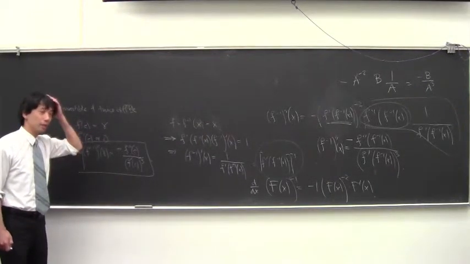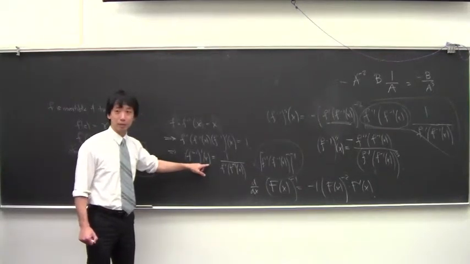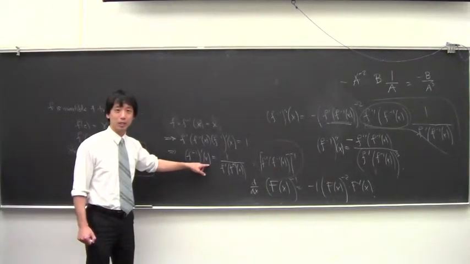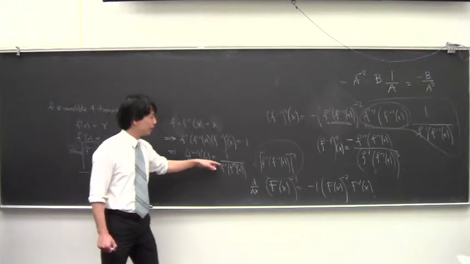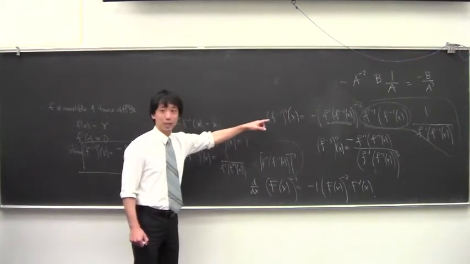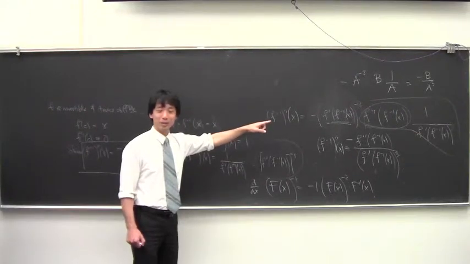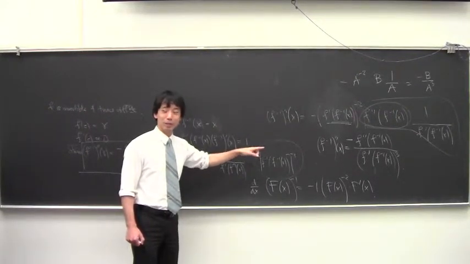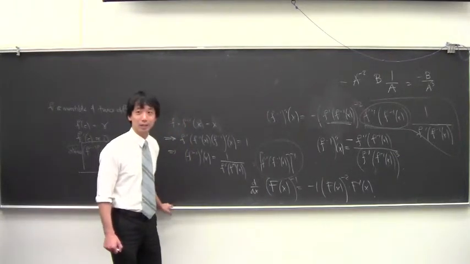You know something about the first derivative of the inverse function, and then how do you get the second derivative? You just differentiate one more time. After that, it's just the chain rule: the power rule plus chain rule plus knowledge of the derivative of the inverse. It's actually not complicated.